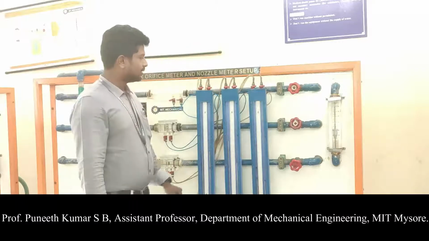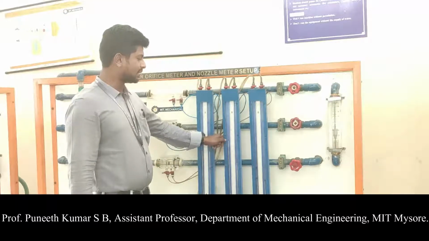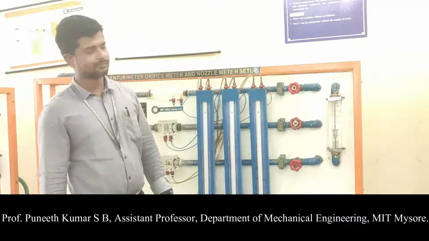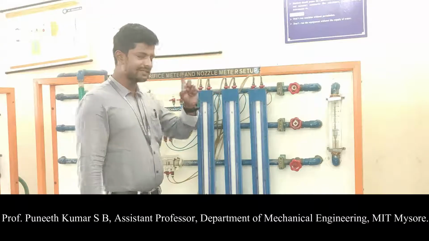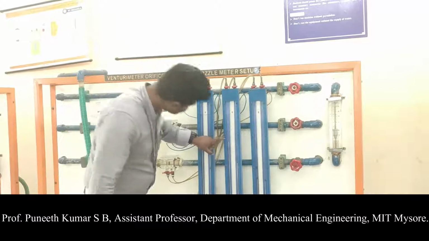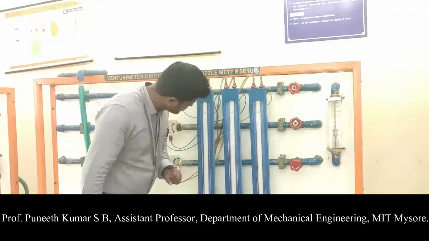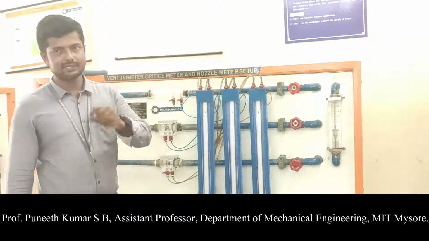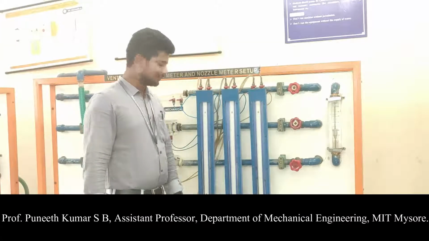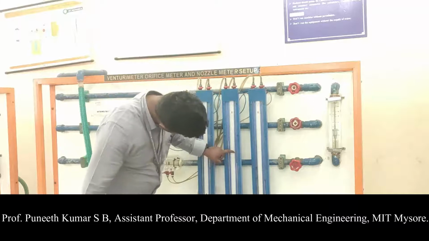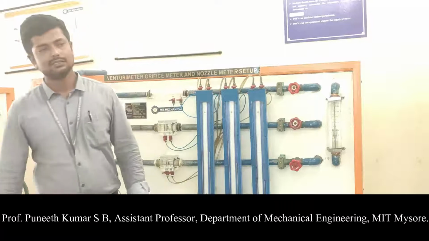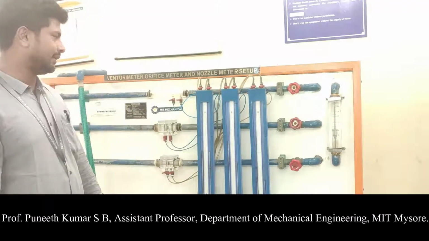Now in the U-tube manometer, the left-hand side is showing 6.7. Sorry, 6.7 is in centimeters, and on the right-hand side, from the default position, it has gone down by minus 6.9 centimeters.